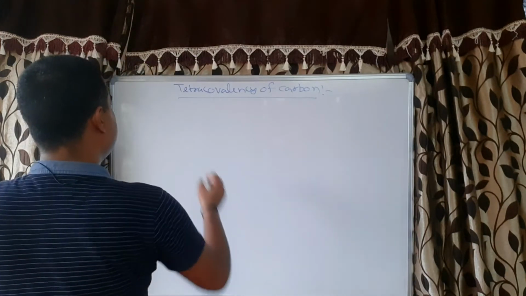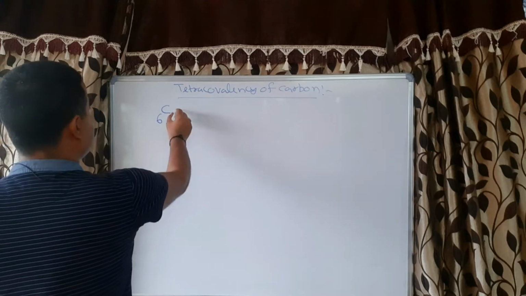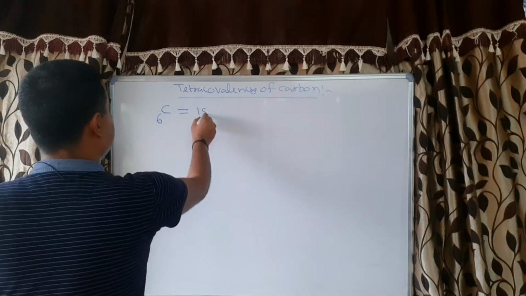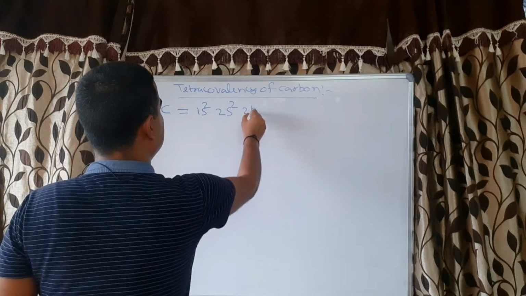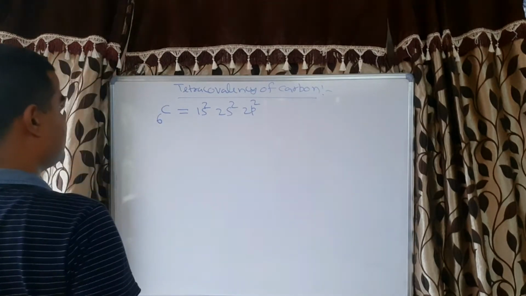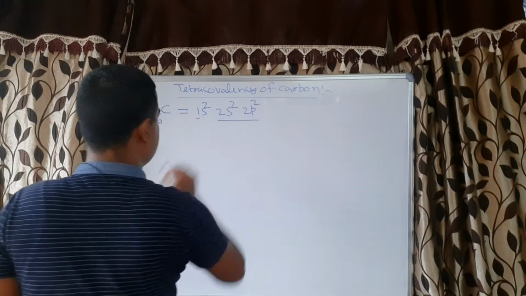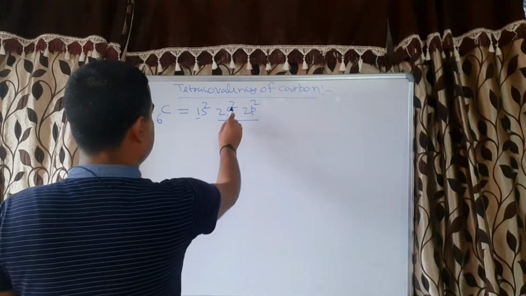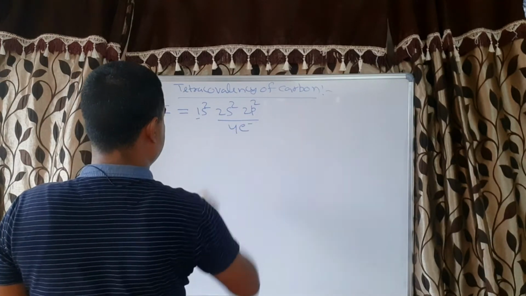As you know, the atomic number of carbon is 6. So the electronic configuration will be 1s2, 2s2, 2p2. Correct? This is the first shell and this is the last shell. In the last shell, 2 plus 2, 4 electrons are there.